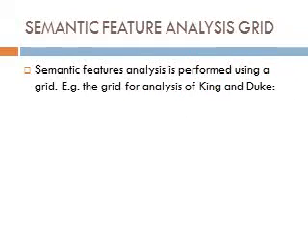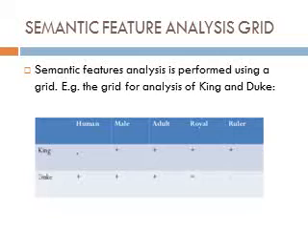So for vocabulary teaching, sometimes semantic feature analysis is performed and used through a grid. And here is an example of the grid for analysis of king and duke and the difference. So they share most of the semantic features except the semantic feature ruler.